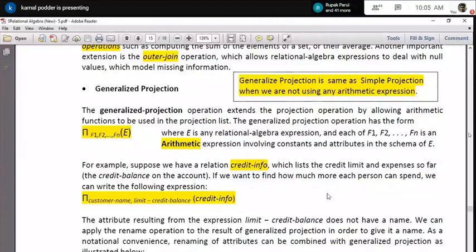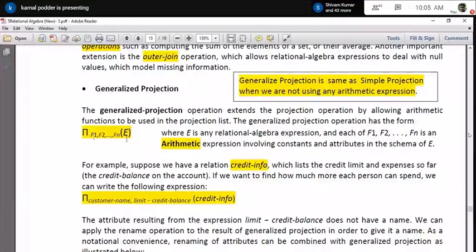In the simple projection, we are projecting only some columns, or attributes, of the table. But in the generalized projection, you are projecting some arithmetic expression. Mind you, F1 is an arithmetic expression, or maybe a column, or a combination of everything.